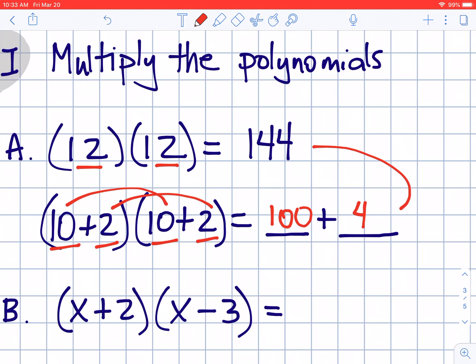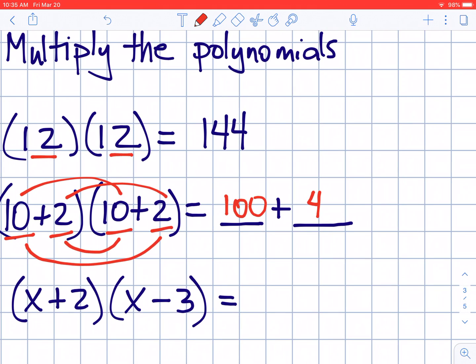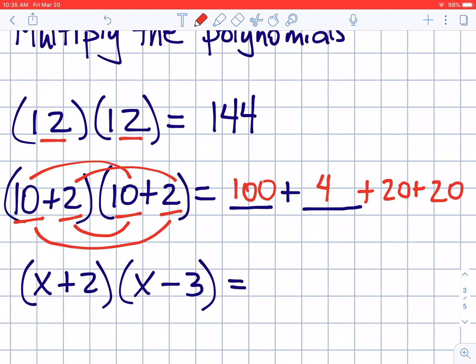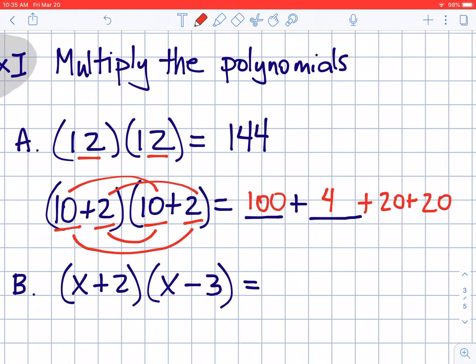What's happened is the kids have multiplied the firsts and the lasts, but they haven't multiplied the outside and the inside. If you multiply those two things together, then we get 20 plus 20 on the inside, 10 times 2 and 10 times 2, and that then gives us the 144 that we know is the right answer.